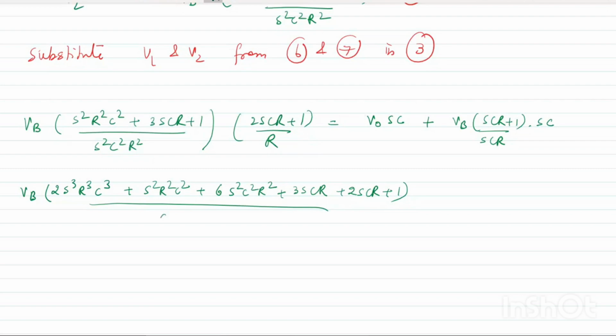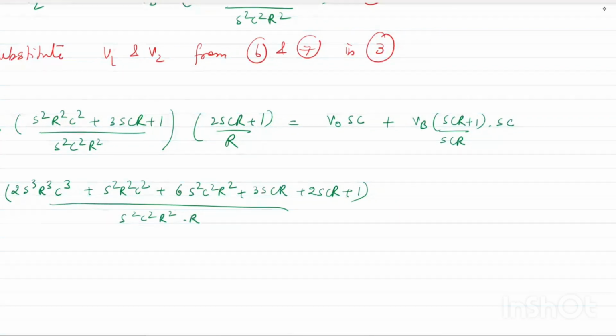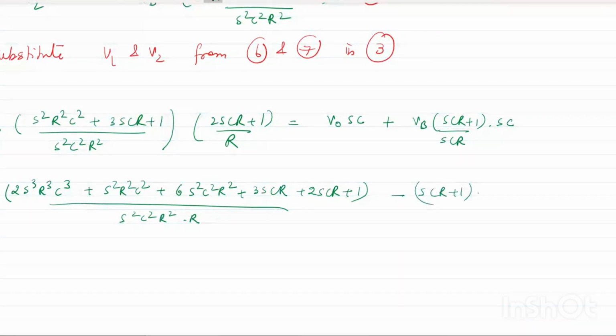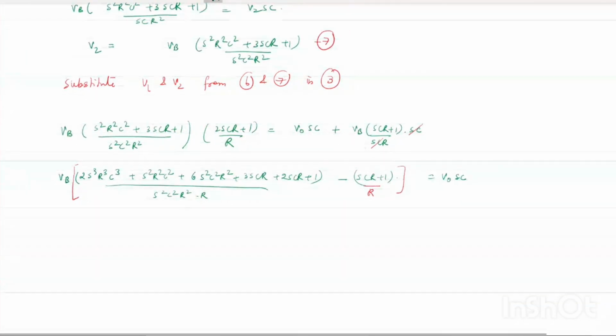One element you multiplied by all and you have S²C²R² into R equals, on the other side minus SCR plus 1. SC cancel from here, this is cancelled, you have SCR plus 1, this whole is multiplied by VB, because VB was on that side too, we brought it to this side, equals V naught SC. Okay, this I have done.